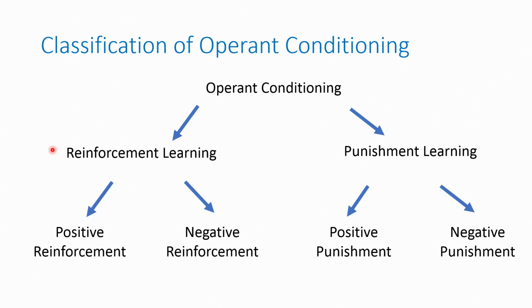Again, two kinds of learning, reinforcement learning and punishment learning. The reinforcement and punishment is totally determined by the nature of the outcome that we are going to present. If it is a favorable one, you call it reinforcement. If it is an unfavorable one, you call it punishment.